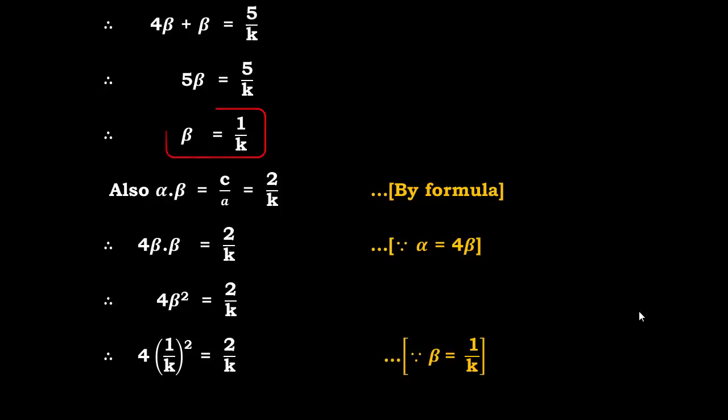Now see, you can solve this. You will get 4 into 1 by 2 is equal to k square upon k. K gets cancelled. So k is equal to 2. That means the value of k is equal to 2. So we can use the formulas alpha plus beta and alpha into beta.